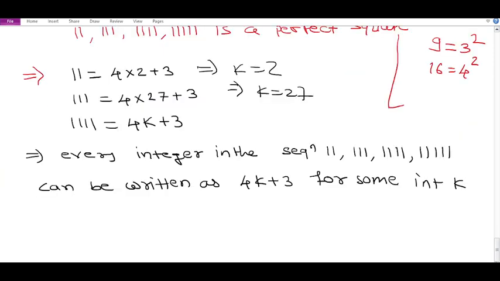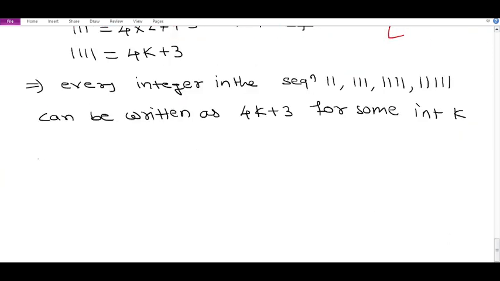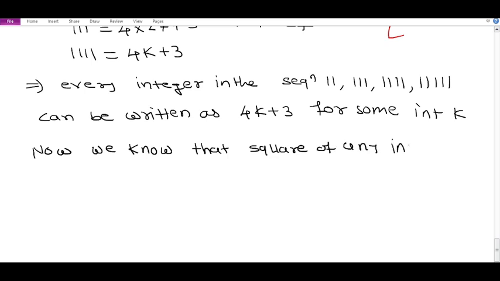Now I want to show that the square of any integer is of the form 4k or 4k plus 1.